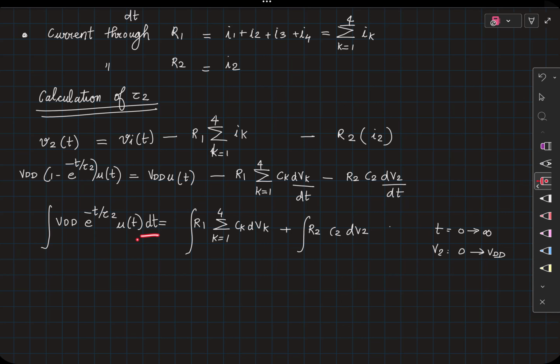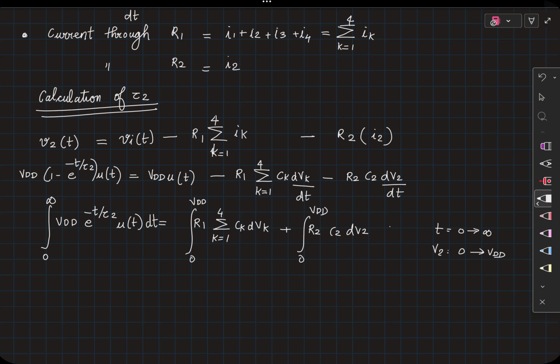On this side, you are integrating time, where time goes from 0 to infinity. Here you are integrating with respect to the voltages. Now all of these voltages, not just dV2, all your dV1, V1, V3, V4, all of them are going to go from 0 to VDD. Right? Please solve this and figure out what result you are getting.